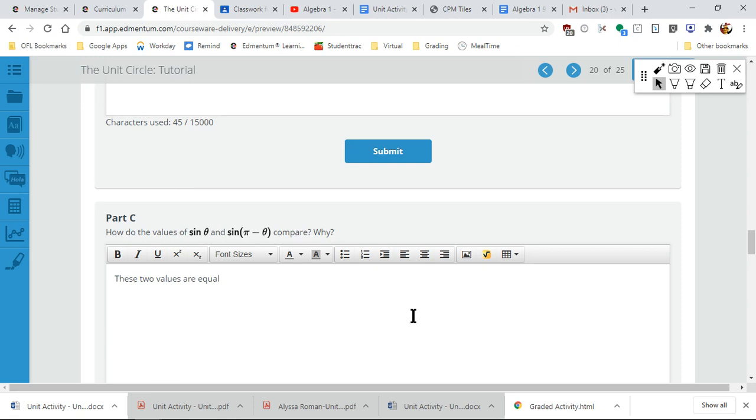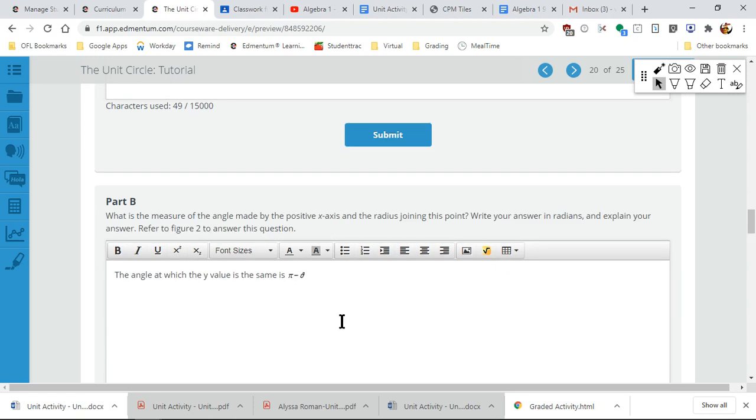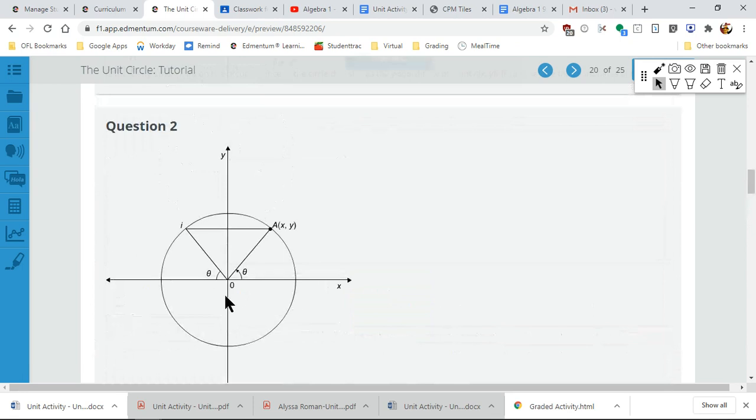I'm going to say equal instead of congruent, because in the unit circle, sine is the y value, and at these angles, the y value is congruent.